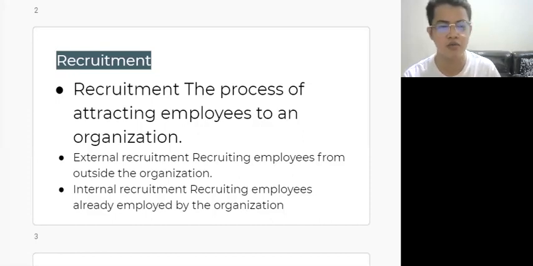So the process by which people are offered positions in organizations is known as recruitment. It is when the company looks for potential employees and encourages them to apply for positions within the company.